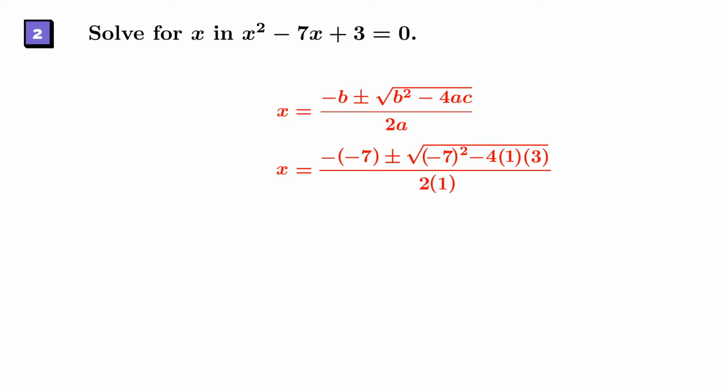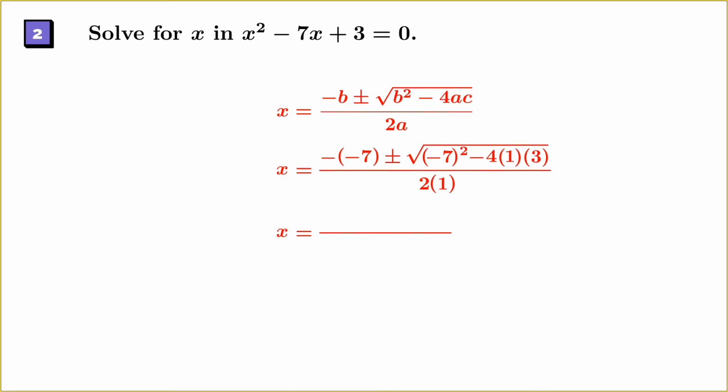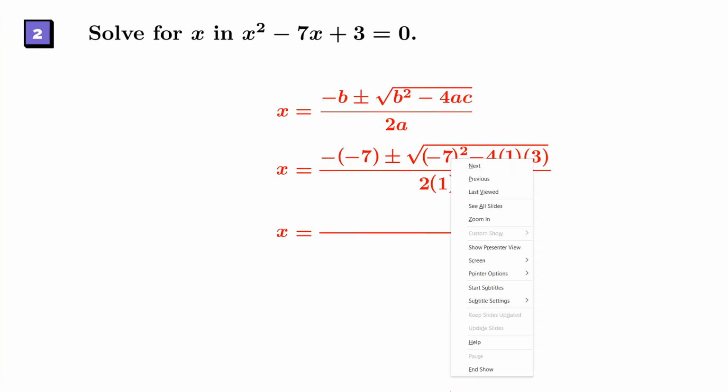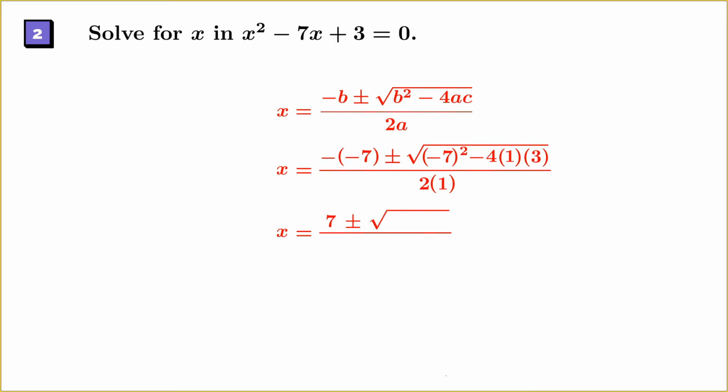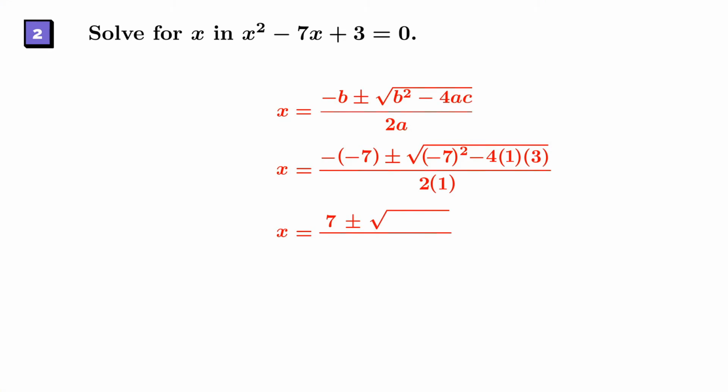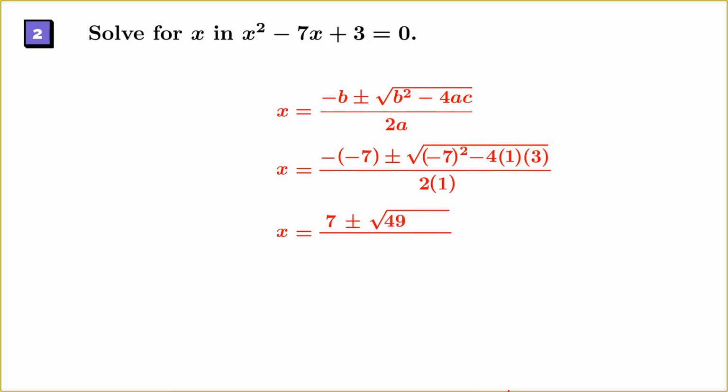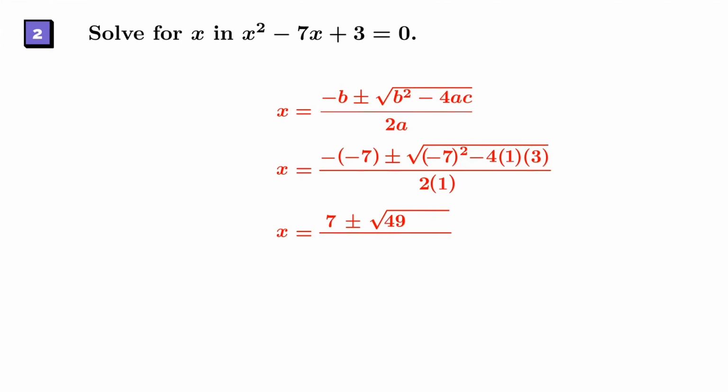Tapos i-simplify lang natin, so x equals negative of negative 7, that is positive 7, plus minus the square root of negative 7 squared is 49, and negative 4 times 1 times 3, that is negative 12.